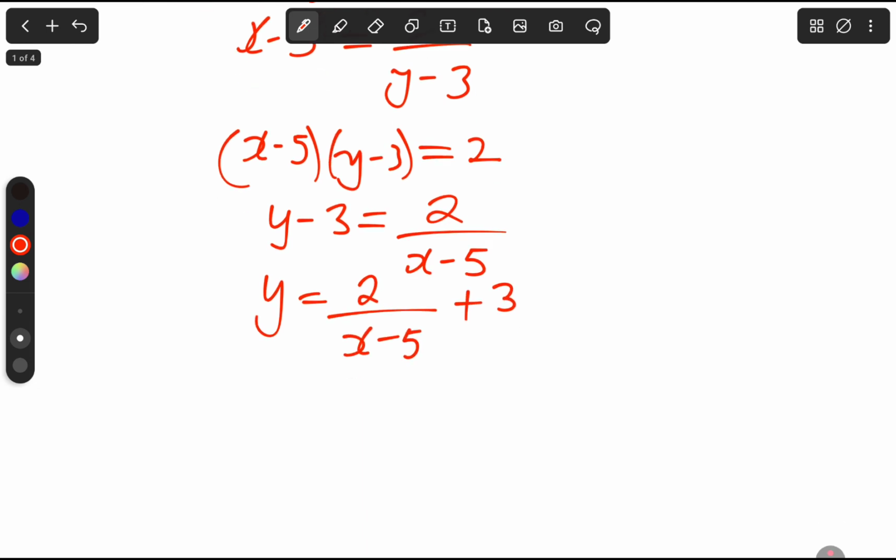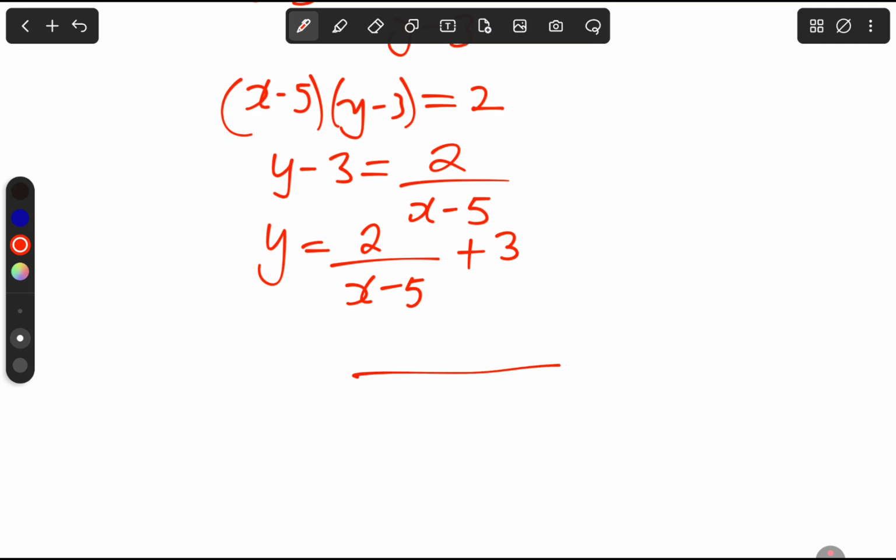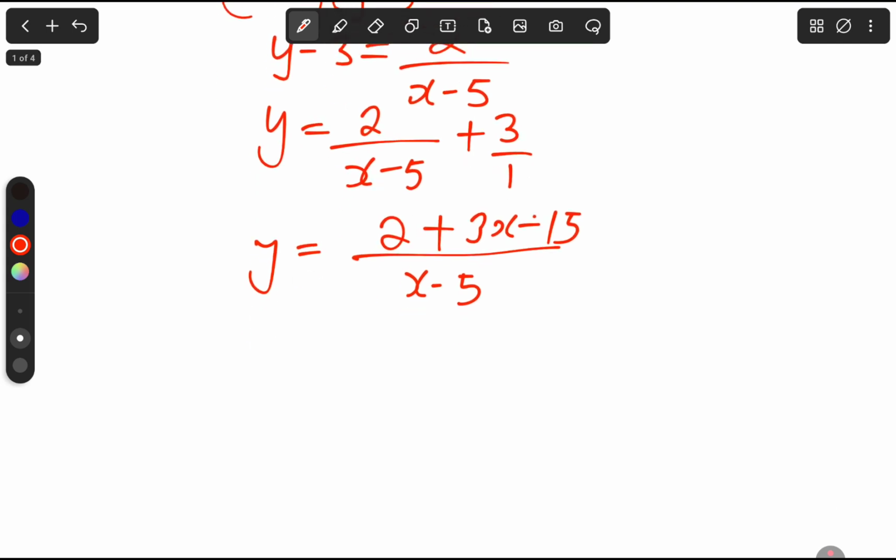Common denominator here is x minus 5, of course. Then y is equal to, this one just gives us 2, plus this one will give us 3x minus 5 times 3, 15. So we end up having y is equal to 3x minus 13 over x minus 5.